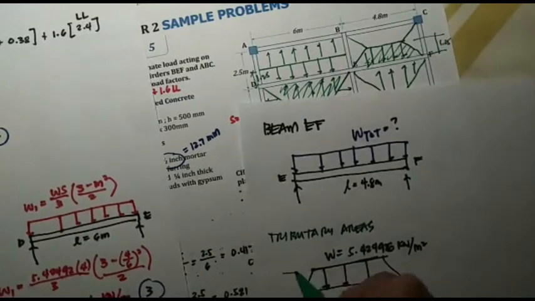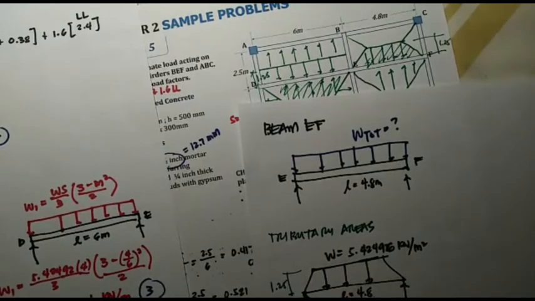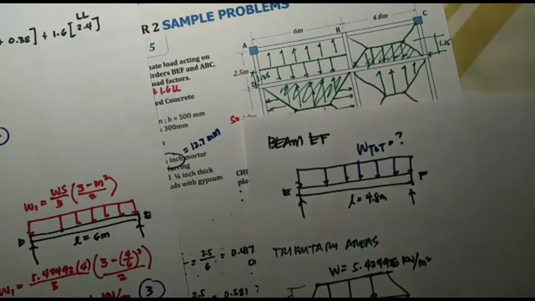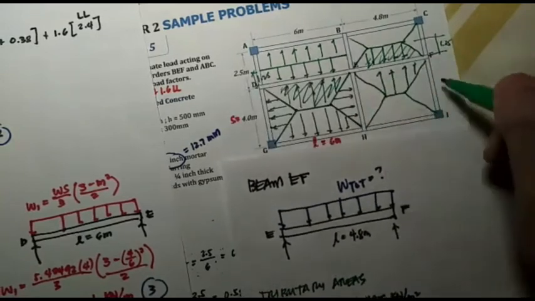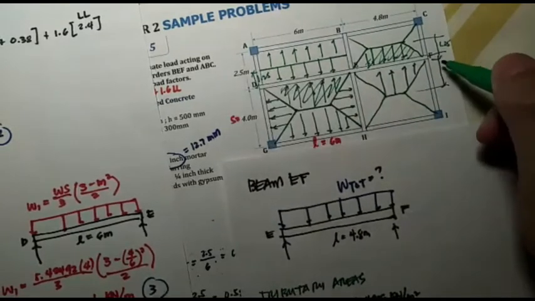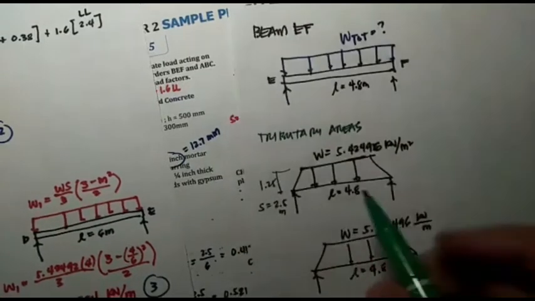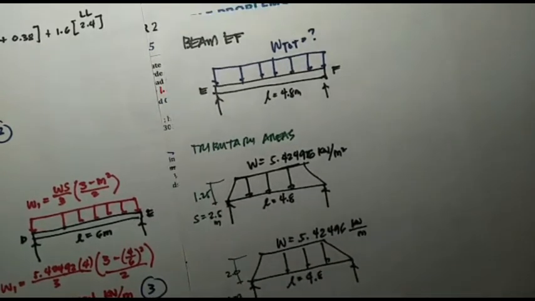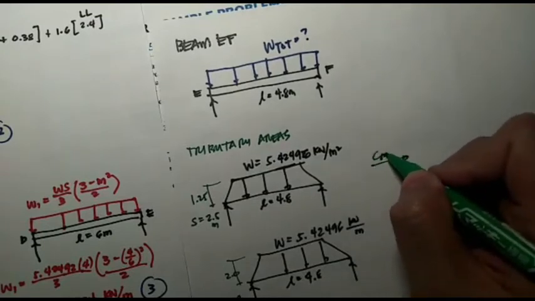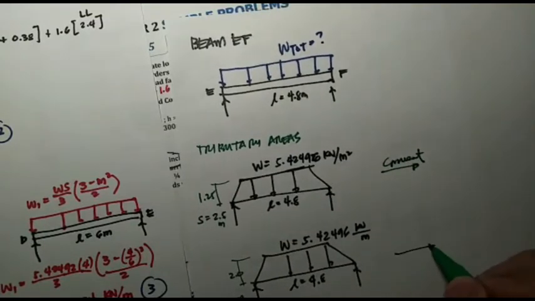Okay, so ito yung 1.25. So ibig sabihin yung S niya is 2.5 meters. Yung pangalawa naman, so this is 4 meters yung S niya. Kaya ito ay 2 meters. So ang S naman dito is 4 meters. Okay, so pag kinonvert natin siya, convert. Ito rin convert natin.